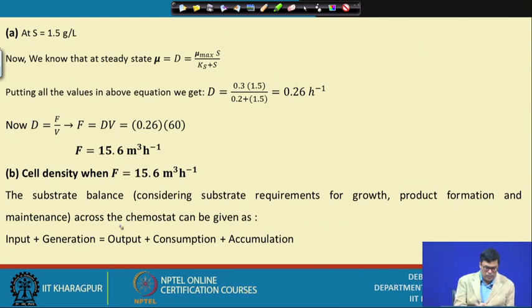Now, if you do the substrate balance, the rate of input plus the rate of generation of substrate equals the rate of output of the substrate plus the rate of consumption of substrate or accumulation of substrate. Under steady state condition accumulation will be 0, and in case of substrate balance generation will also be equal to 0.